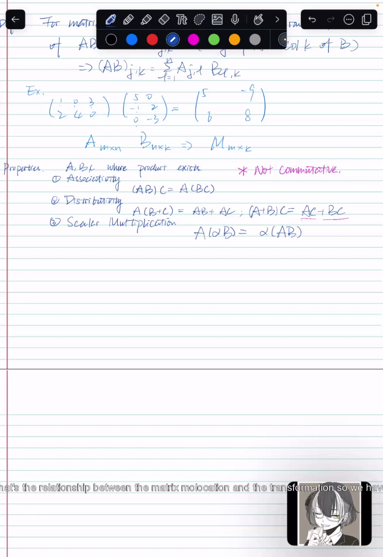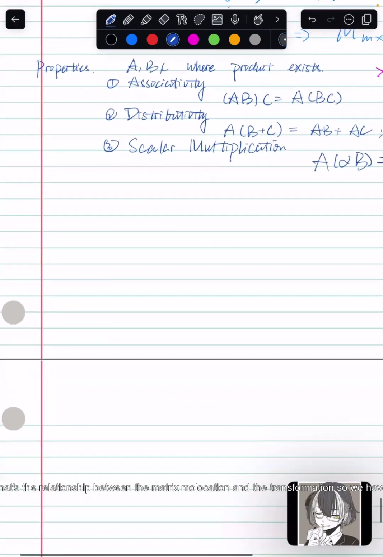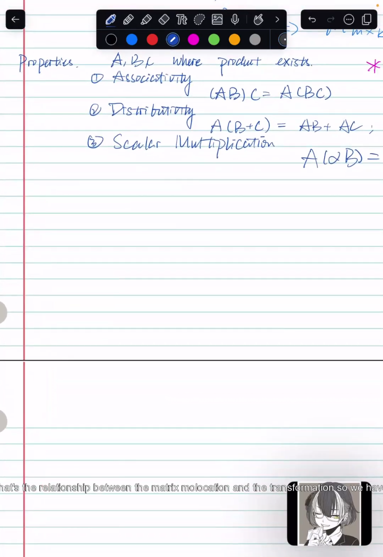Now, what's the relationship between the matrix multiplication and the transformation? So we have a theorem.